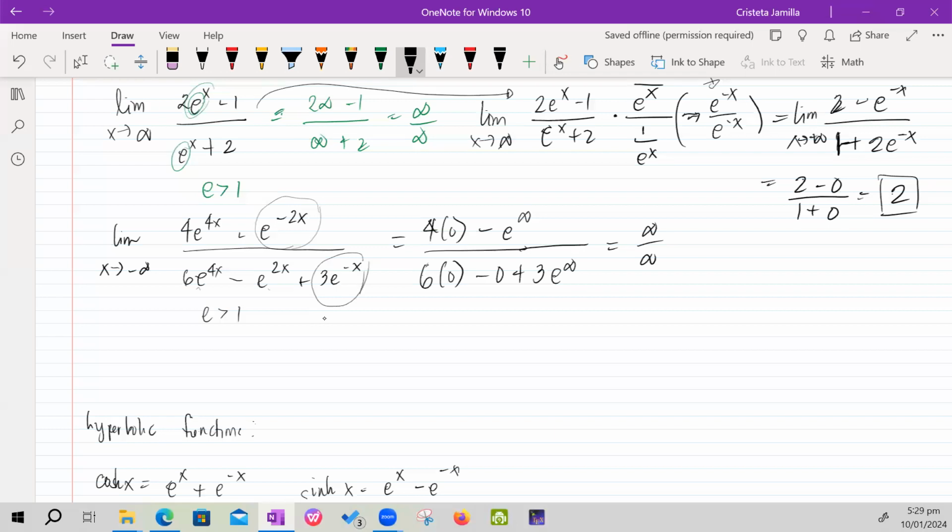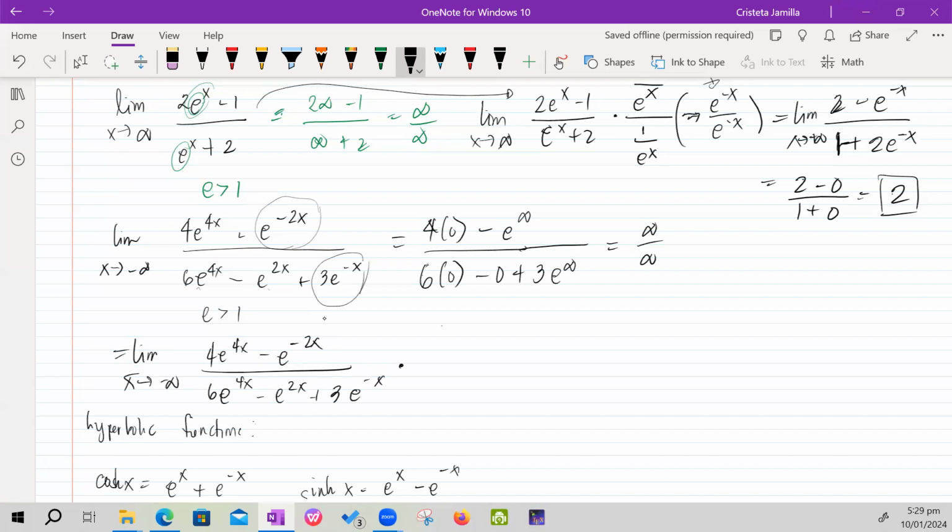So that is equivalent to taking 4e raised to 4x minus e raised to negative 2x all over 6e raised to 4x minus e raised to 2x plus 3e raised to negative x.